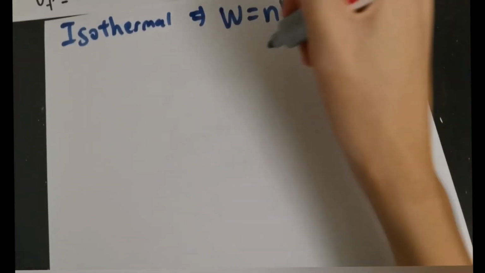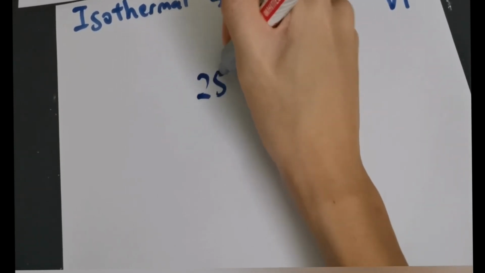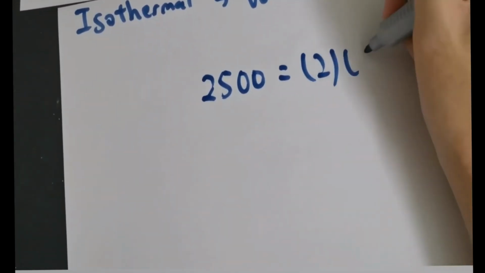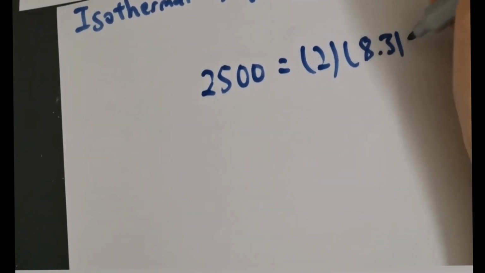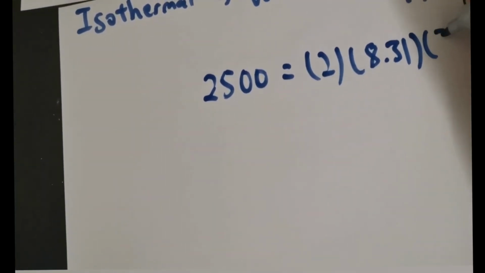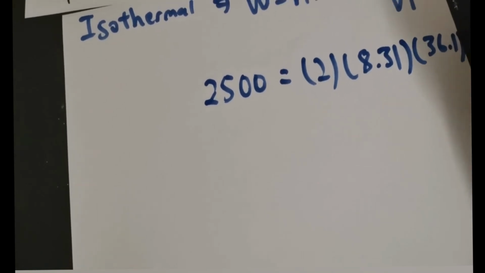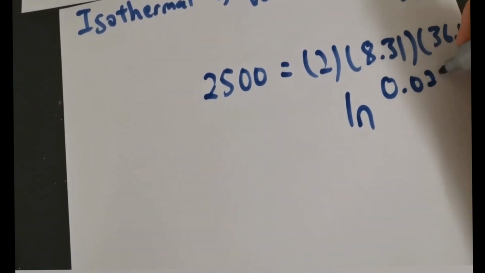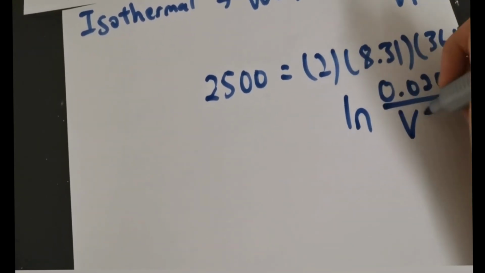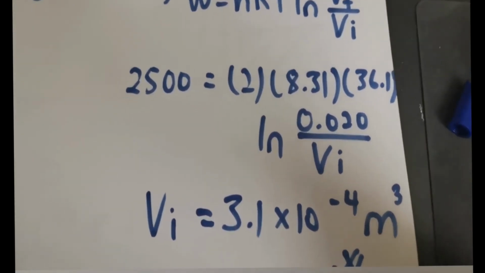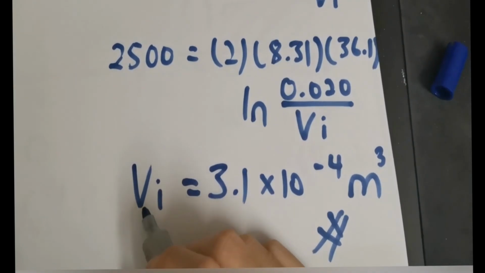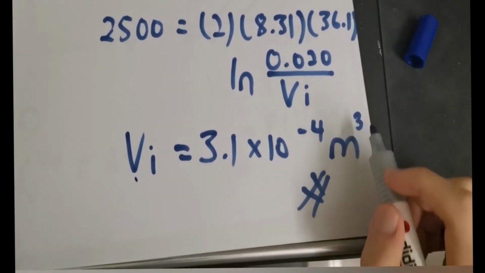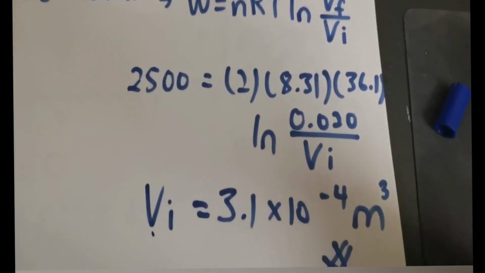The work is 2500, n is 2, R is 8.31 the constant, temperature is 36.1. And ln of V final, this is given in the question, over V initial. The initial volume equals 3.1 times 10 to the power negative 4 meter cube. So that's it. Thank you.